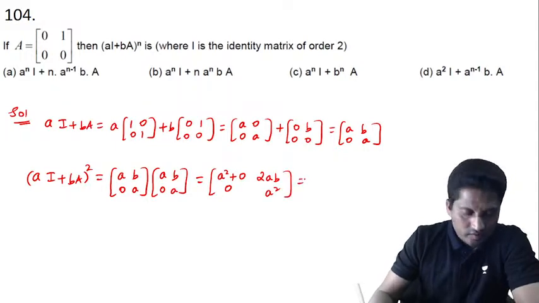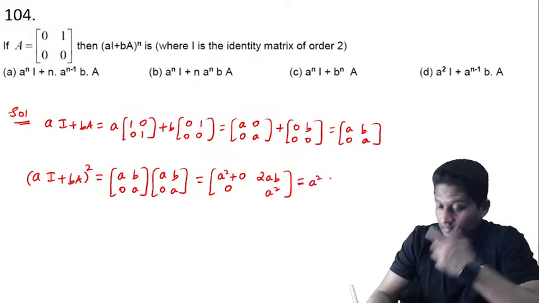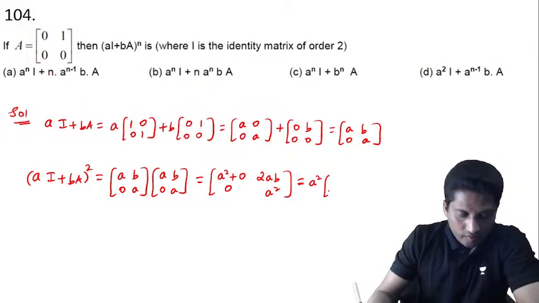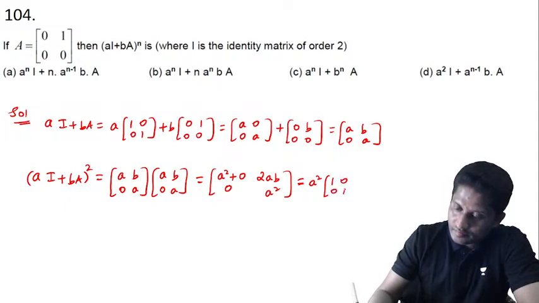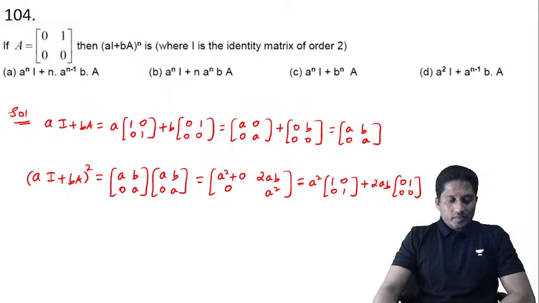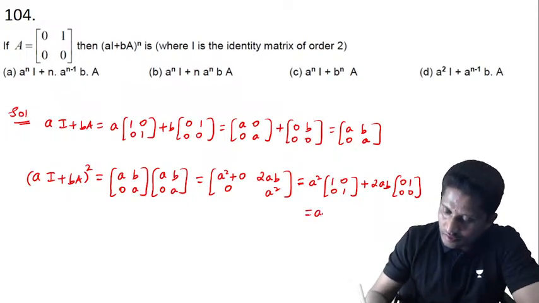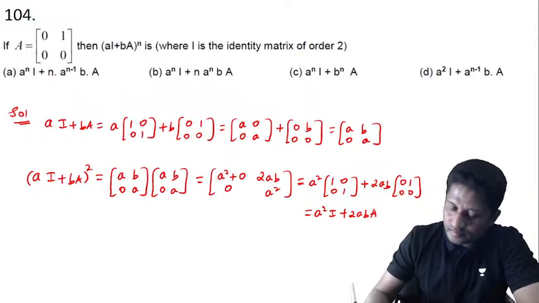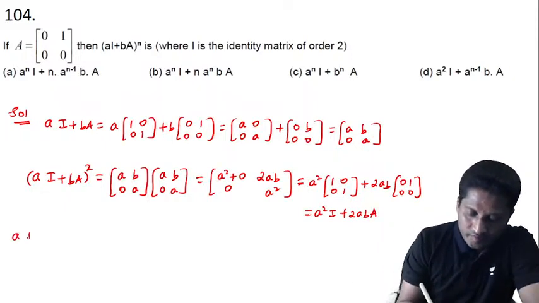So this will be equal to A square into the matrix 1001, plus 2AB into 0100. You add this again, you get back the same thing. So this is equal to A square into I plus 2AB into A.